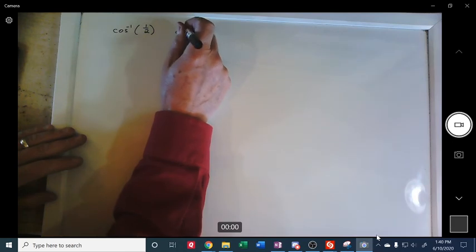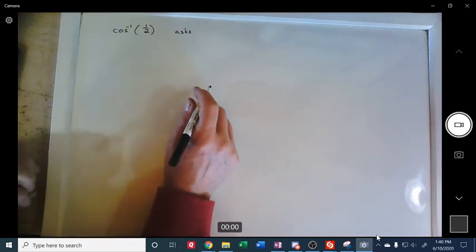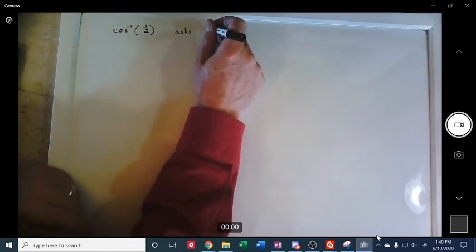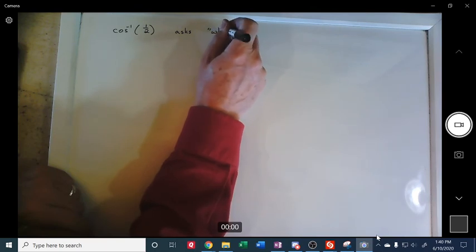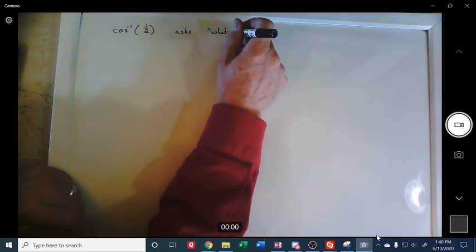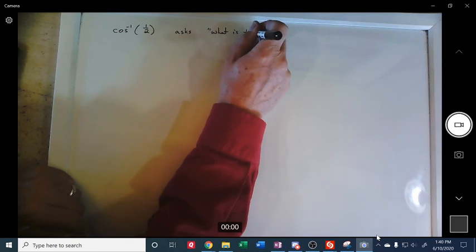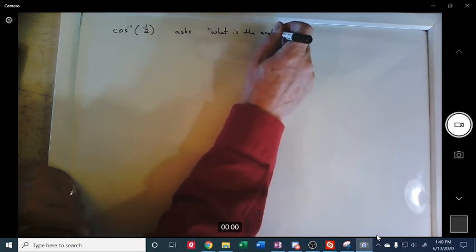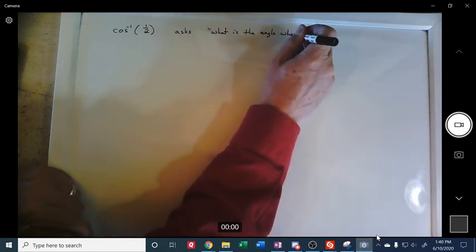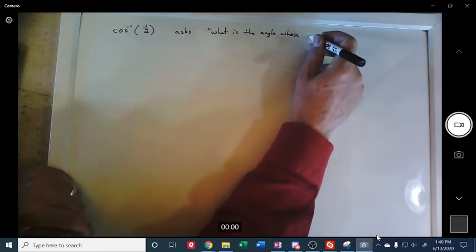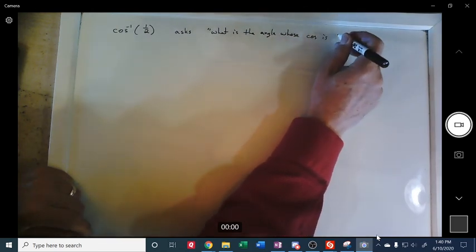It asks this question: What is the angle whose cosine is 1/2?